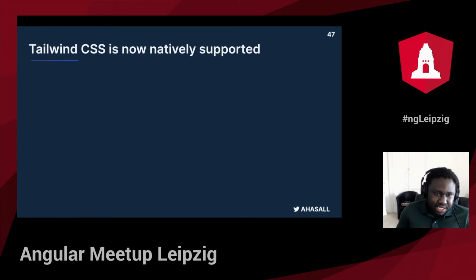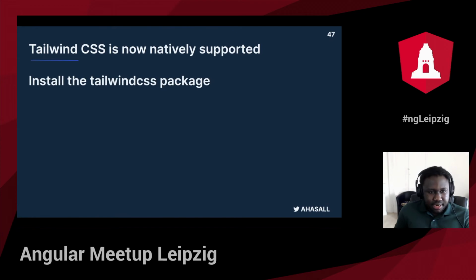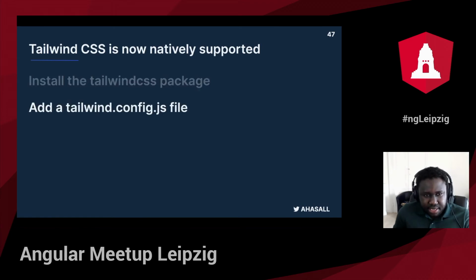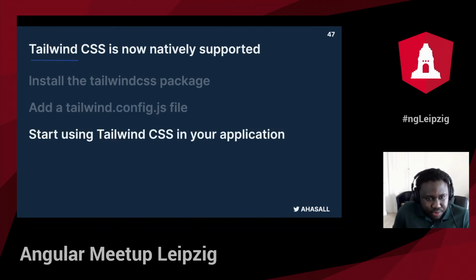To use Tailwind CSS with Angular 12, and actually, I think this feature has been released in Angular 11.2, what you need to do is install the Tailwind CSS package, npm install tailwindcss, add a tailwind.config.js file, and that's it. The Angular CLI will detect that you want to use Tailwind CSS, and it will add it to the PostCSS plugins pipeline. So you can start using Tailwind CSS very easily in your Angular application.